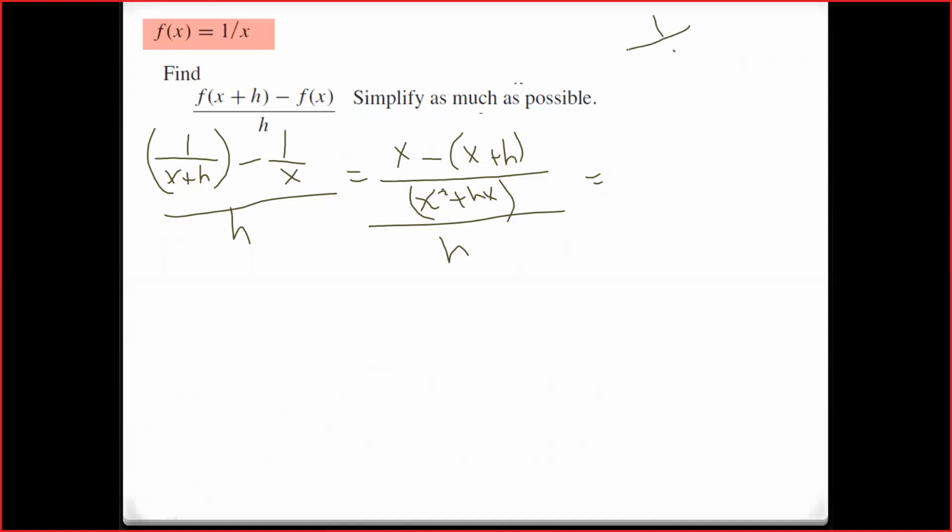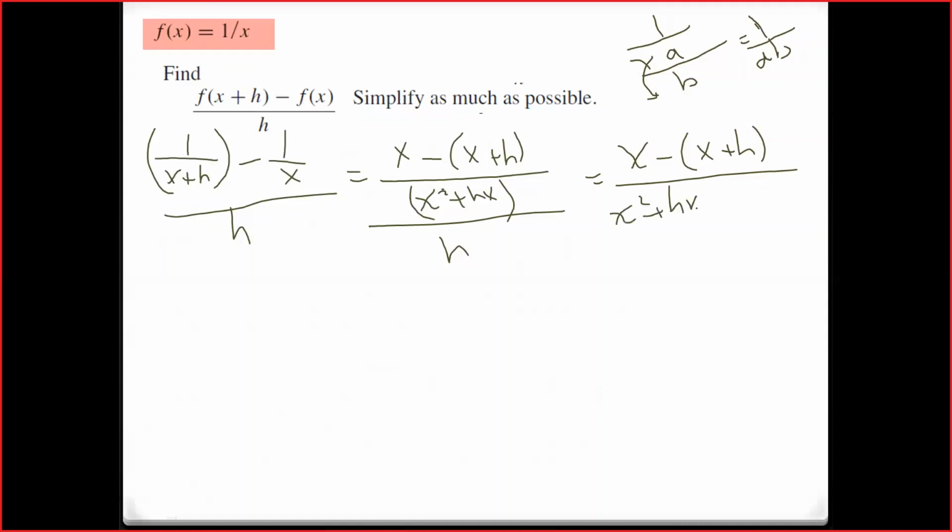If you remember that if you have 1 over a over b, I can write it as 1 over ab. I multiplied the denominators. So Malak here will do the same. She will say that x minus x plus h over, yes Malak? Times h. Okay, thank you.